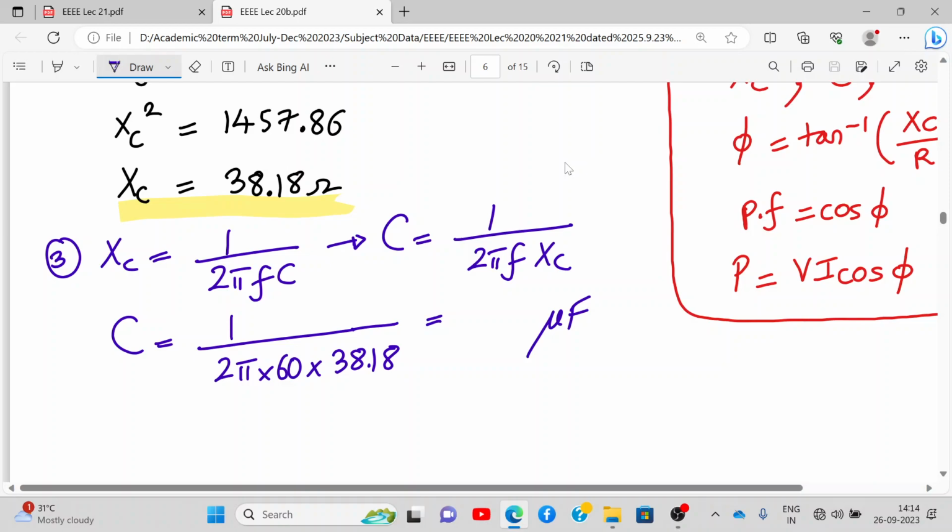What is the value of C? 6.95? Are you all getting this?